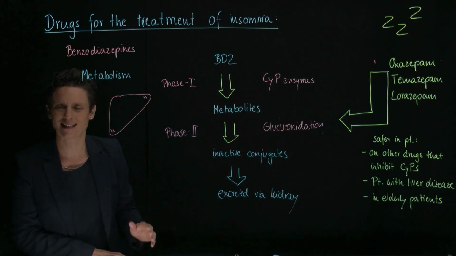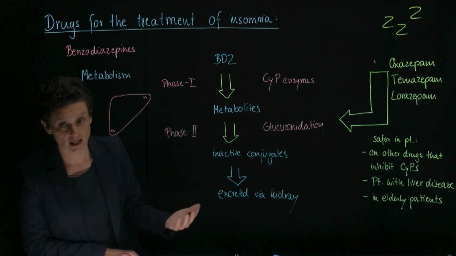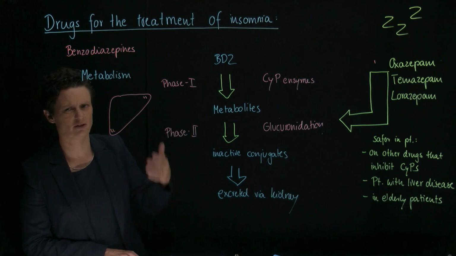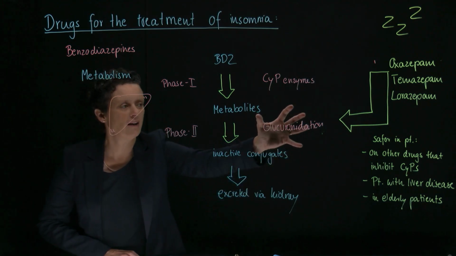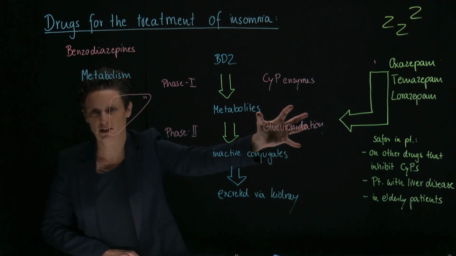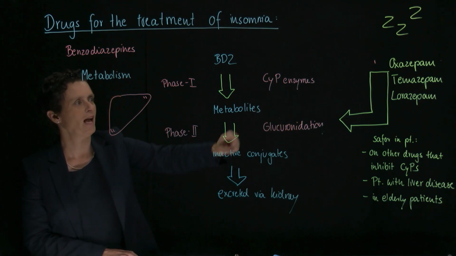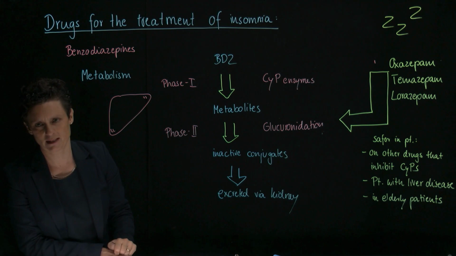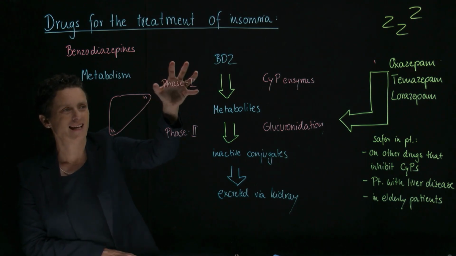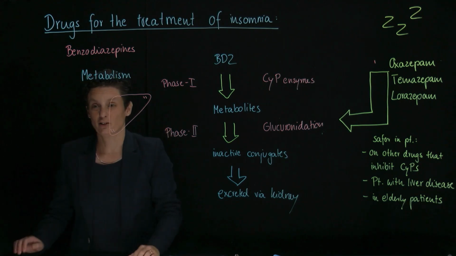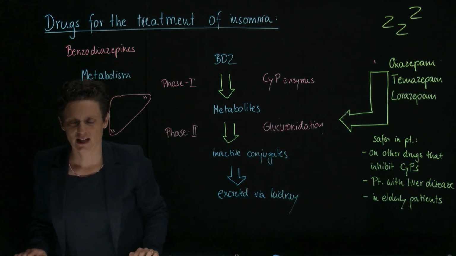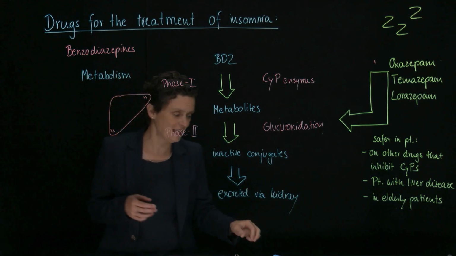So if somebody has a decline in liver function, or elderly patients have a decline in liver function, or any liver disease, you're never going to feel it in the glucuronidation. You must be half dead to see a difference in glucuronidation enzymes. But you see a difference in the CYP enzymes. So don't be confused. The liver function really reflects in these phase 1 reactions and not in these phase 2 reactions. But these are a couple that are handy to know.